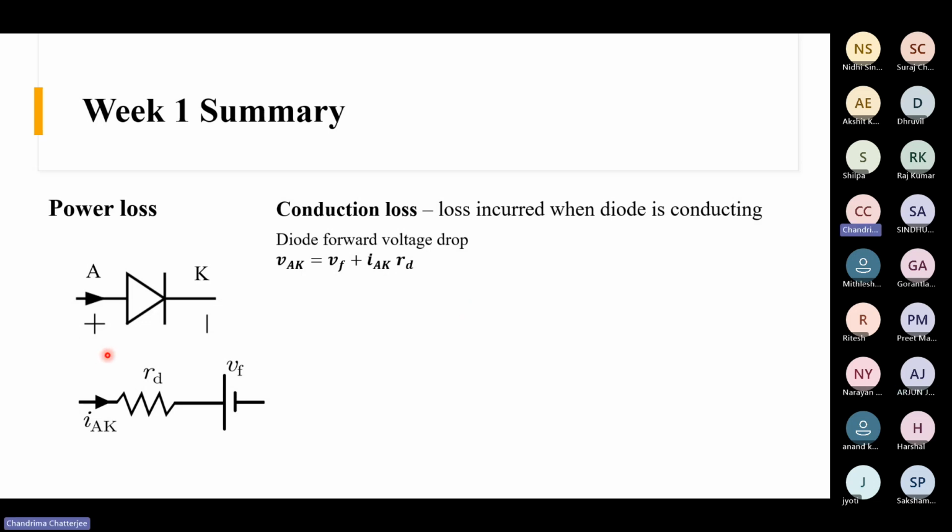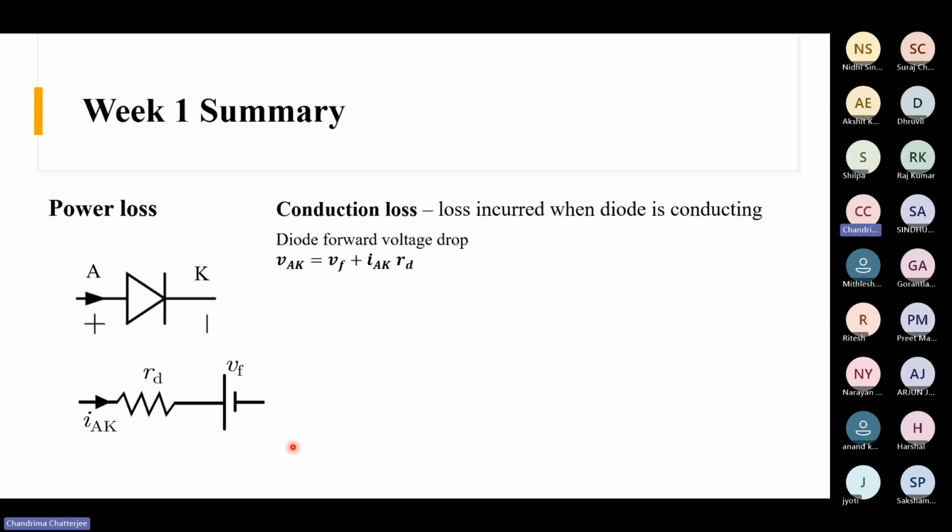So earlier we talked about some threshold voltage. Beyond this threshold voltage, the diode starts conducting, right? Even if we are giving a forward voltage, that forward voltage will have to be greater than the threshold voltage for the diode to turn on. This forward voltage we represent as a voltage source, VF, and there is this dynamic resistance RD.